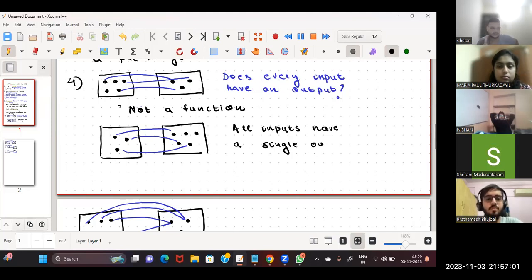That's another condition for a function: every input should have an output and no single input should have two outputs. That means you should not have any ambiguity of the output. If you put an orange in the juicer, you should get orange juice, not orange juice and watermelon juice. It shouldn't be ambiguous.